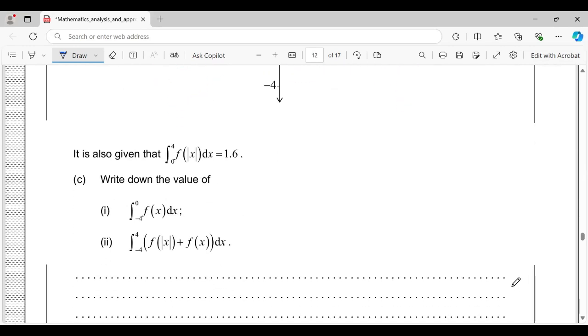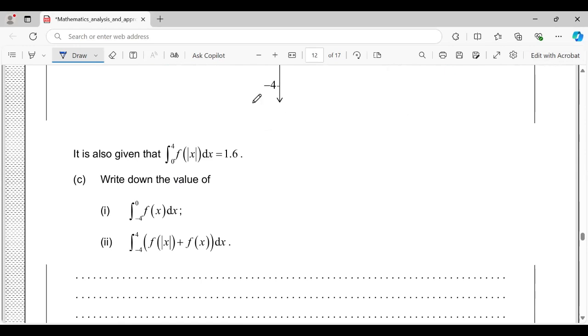Next, it is also given that the integral from 0 to 4 of f(x) dx equals 1.6.